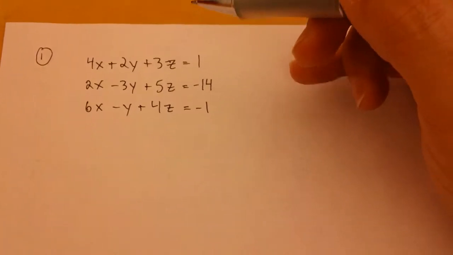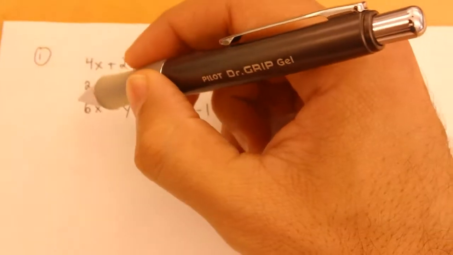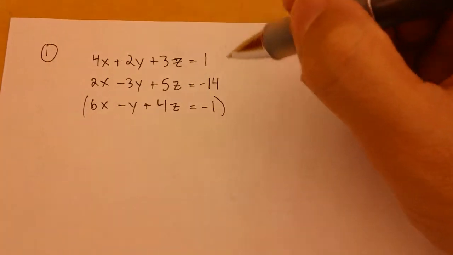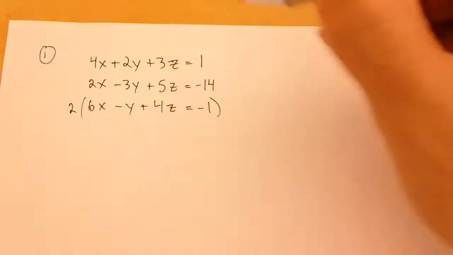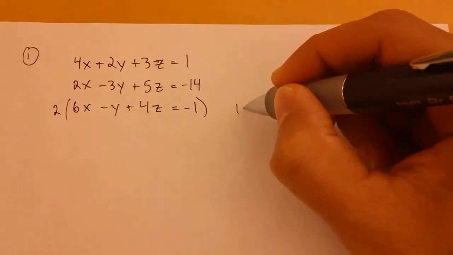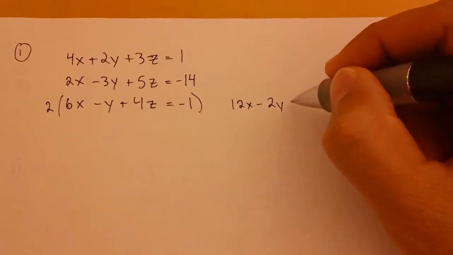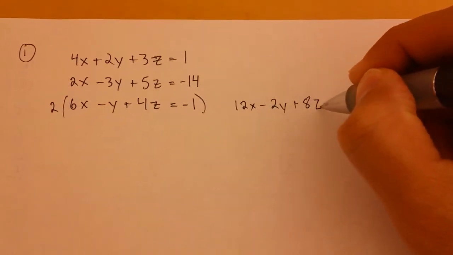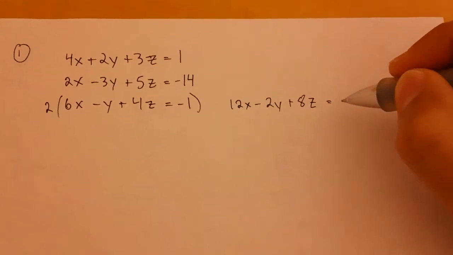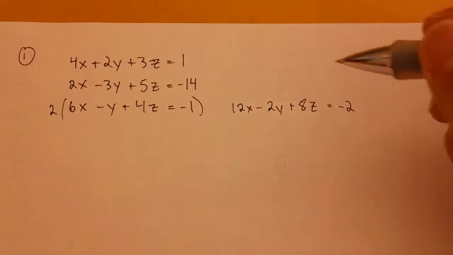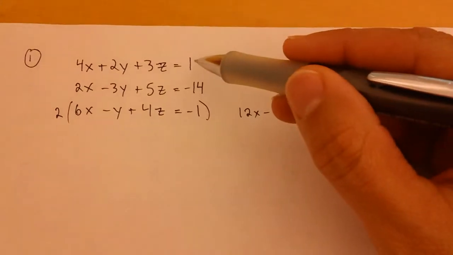So the first step here is I'm going to multiply this equation by 2, and then I'm going to get 12x minus 2y plus 8z equals negative 2. Don't forget to multiply the constant on the other side. And then I'm going to combine that with equation 1 here.